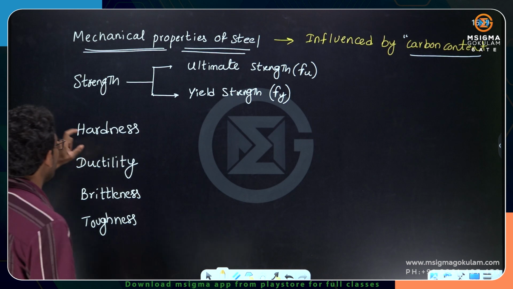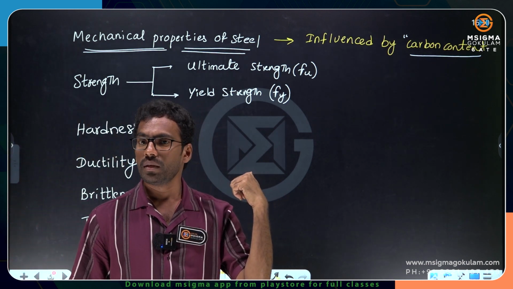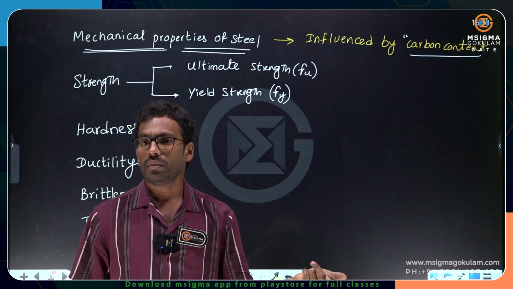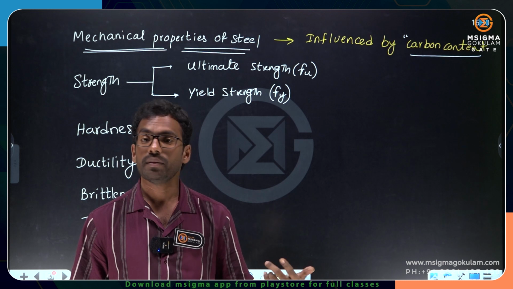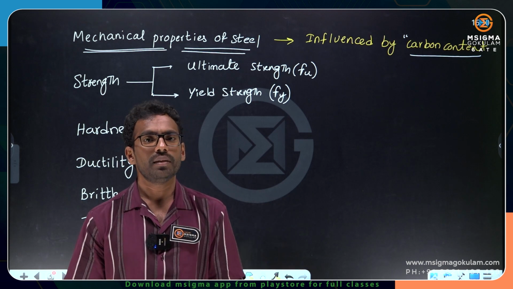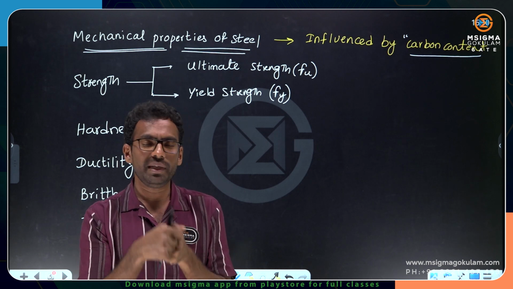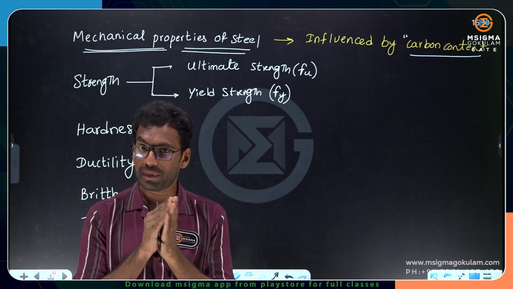Coming to hardness, as I told just now, if the carbon content is more, atoms are closely packed, very densely. What is the meaning of hardness? Resistance against shearing action or abrasion action.